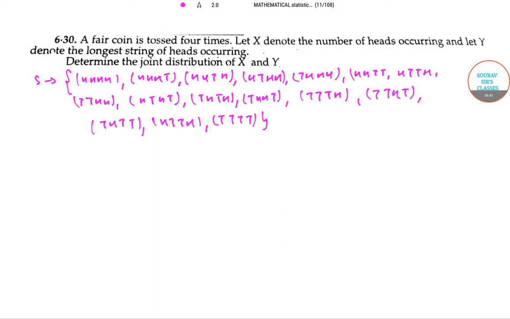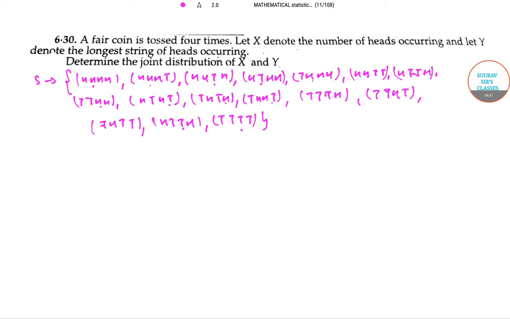So we get 16 combinations. Let us check once again: 1, 2, 3, 4, 5, 6, 7, 8, 9, 10, 11, 12, 13, 14, 15, 16.